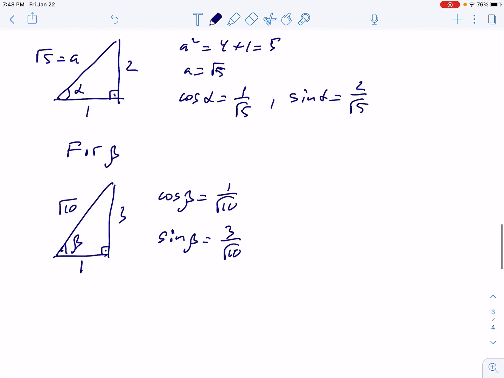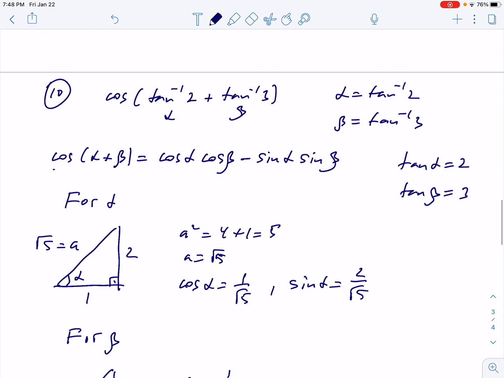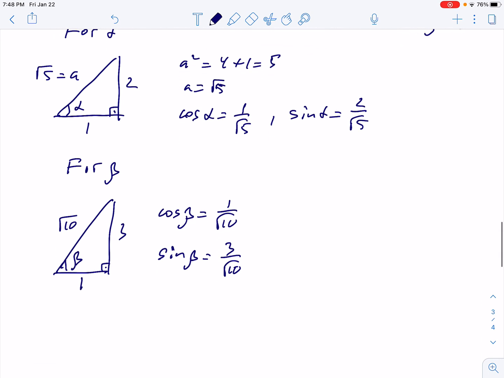After finding these values, we go back to our problem, and cosine alpha plus beta, this is what we want to find. So I shall write this again, cosine alpha plus beta. That's cosine alpha cosine beta minus sine alpha sine beta.